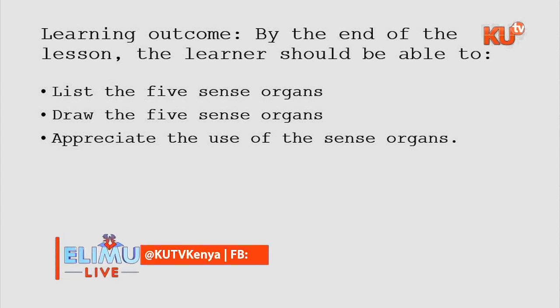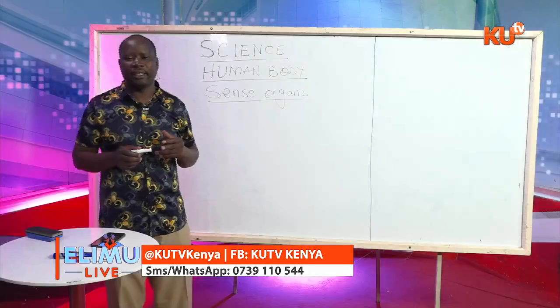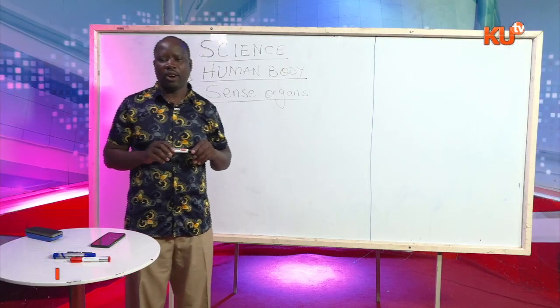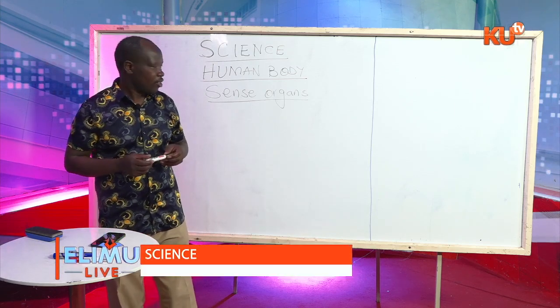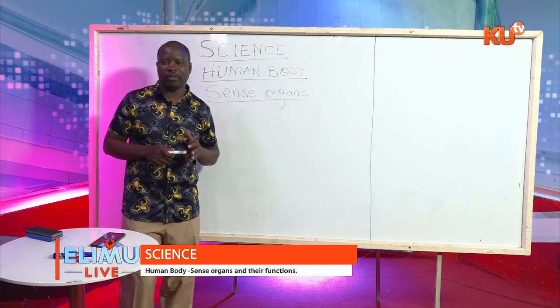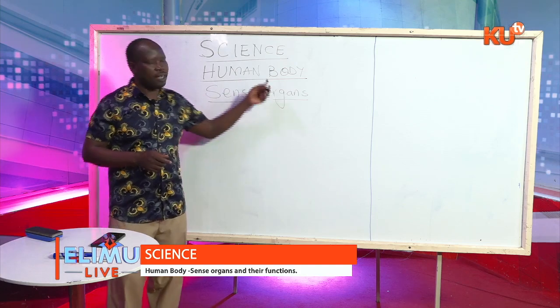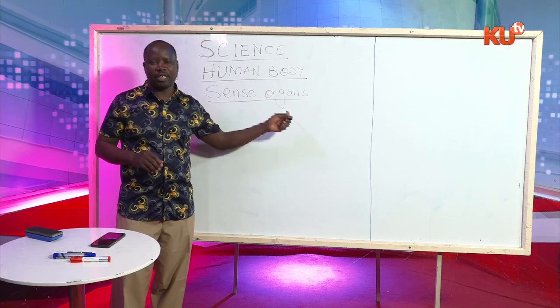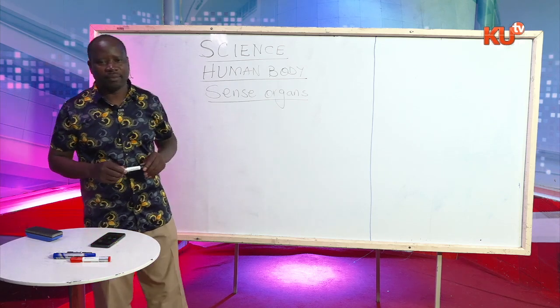So those are the two main points that I expect we know by the end of this lesson: to list the sense organs and their functions, that is 1, and 2, to identify or to draw the sense organs that we have. So walk with me in this journey of today, looking at the human body, that is our body as human beings, and the sense organs that we have in our bodies.